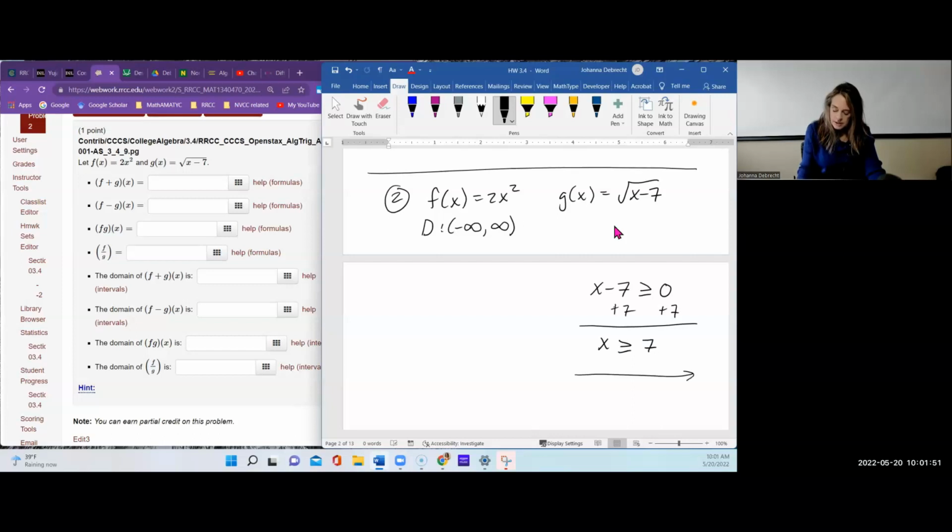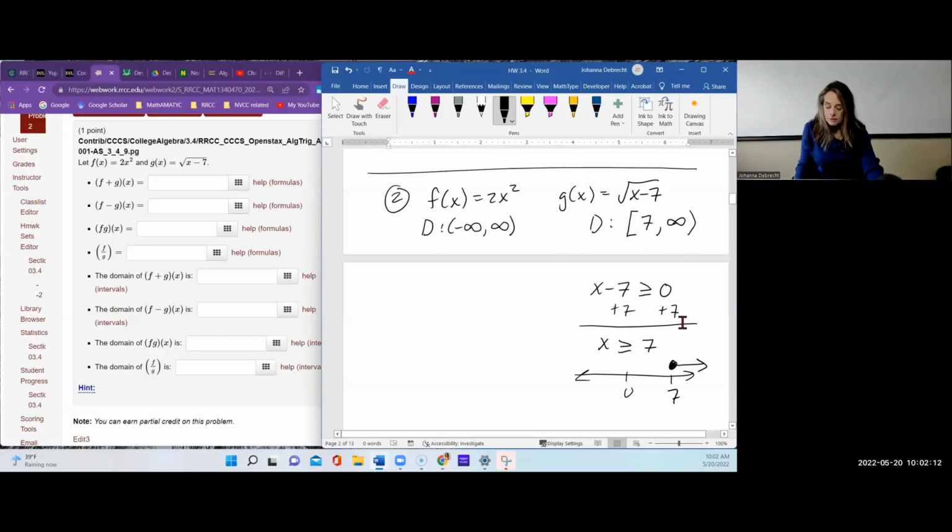Putting this onto the number line to see what it looks like, we have a closed solid ball at 7, and the variable is on the wide end, so we go to the right. That means our domain for the g function has a square bracket at 7 and then positive infinity further to the right.